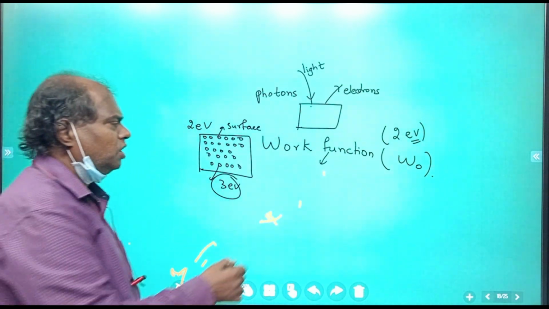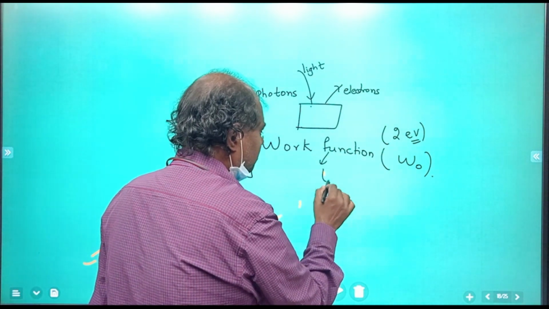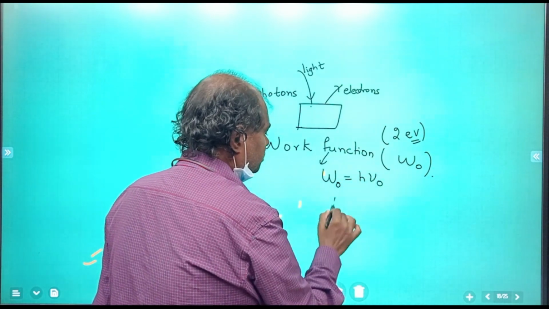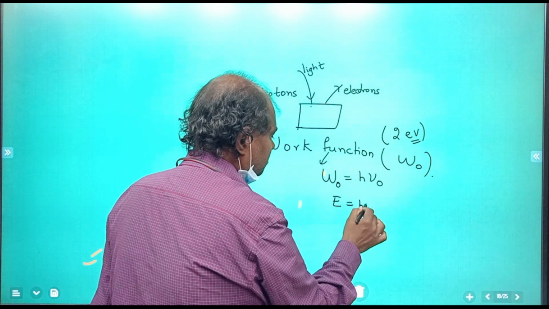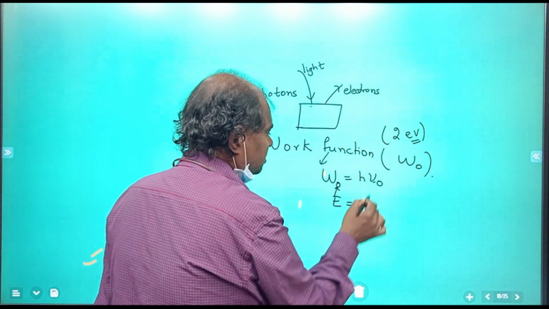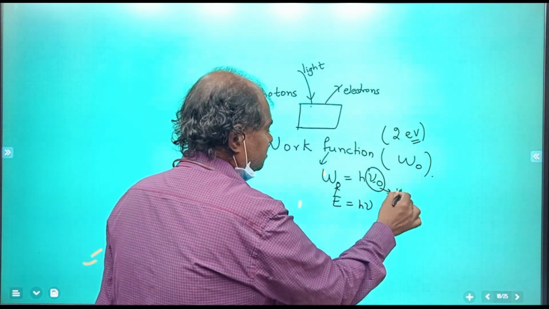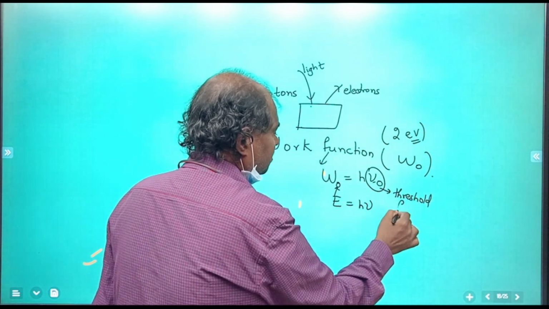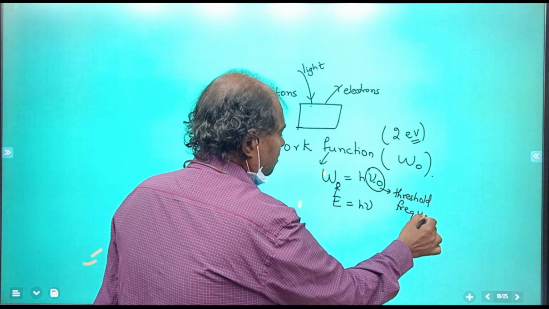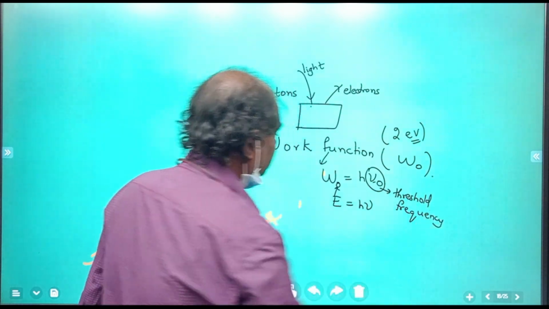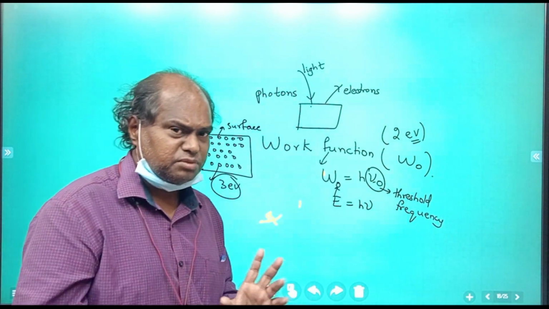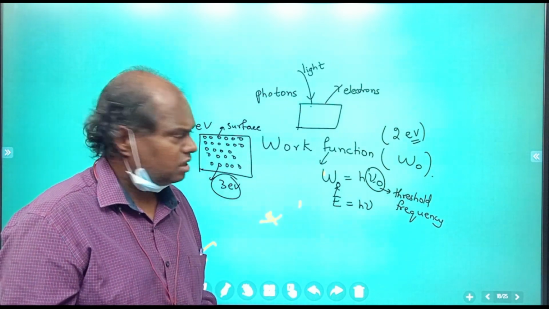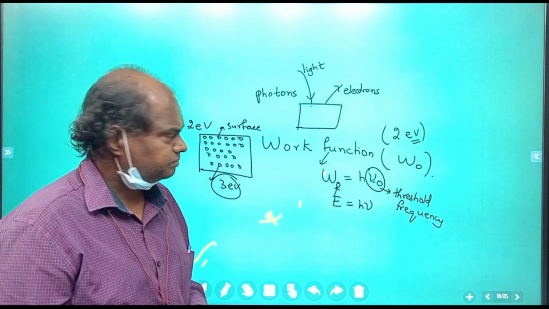Okay, students, you can write this W naught in terms of frequency. You can write as H mu naught because you know that E is equal to H mu. So, same thing, energy. This is called threshold frequency. So, in exam, they'll give you W naught. See, what are the sums which might come in this? They'll give you W naught, and they'll ask you to calculate mu naught.